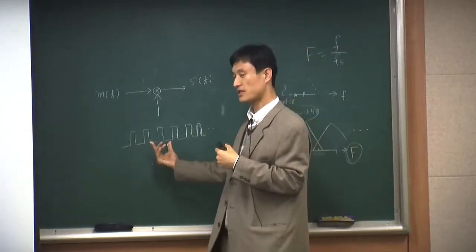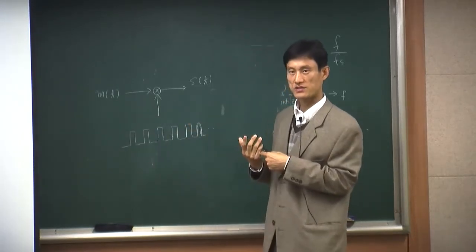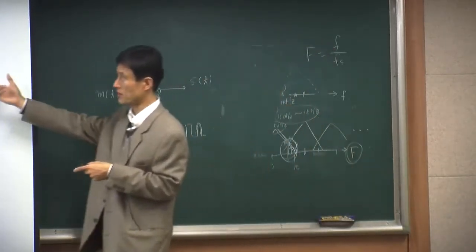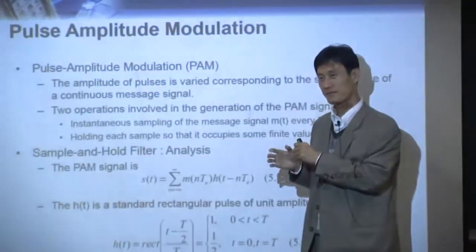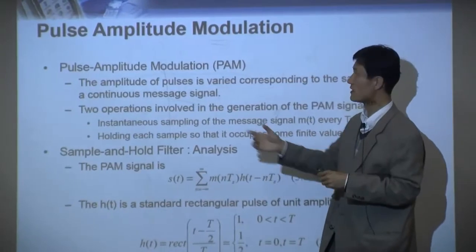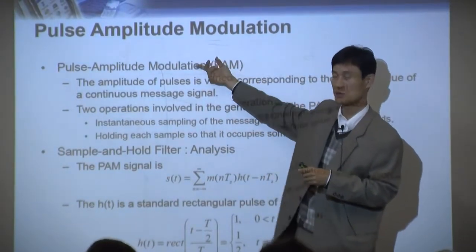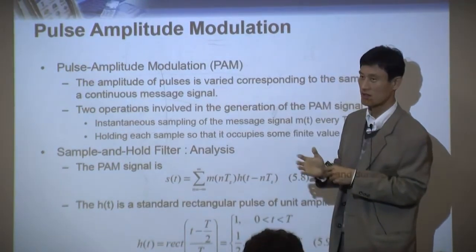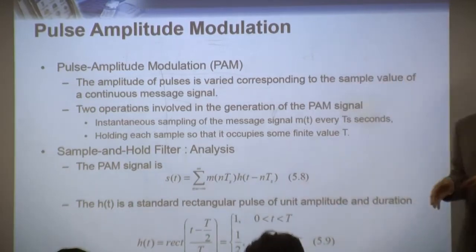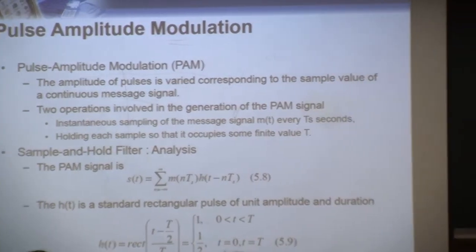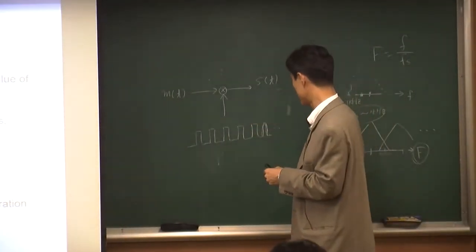Once you multiply this pulse train with your message, you get pulse amplitude modulation. This is almost the same as the previous analog amplitude modulation. The only difference is that pulse amplitude modulation uses a pulse train as a carrier, not the cosine. That's PAM.